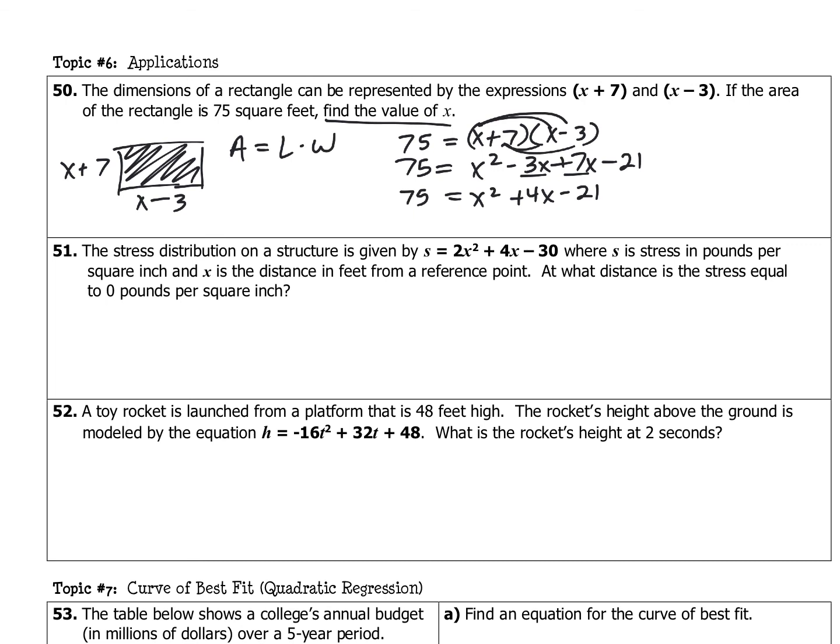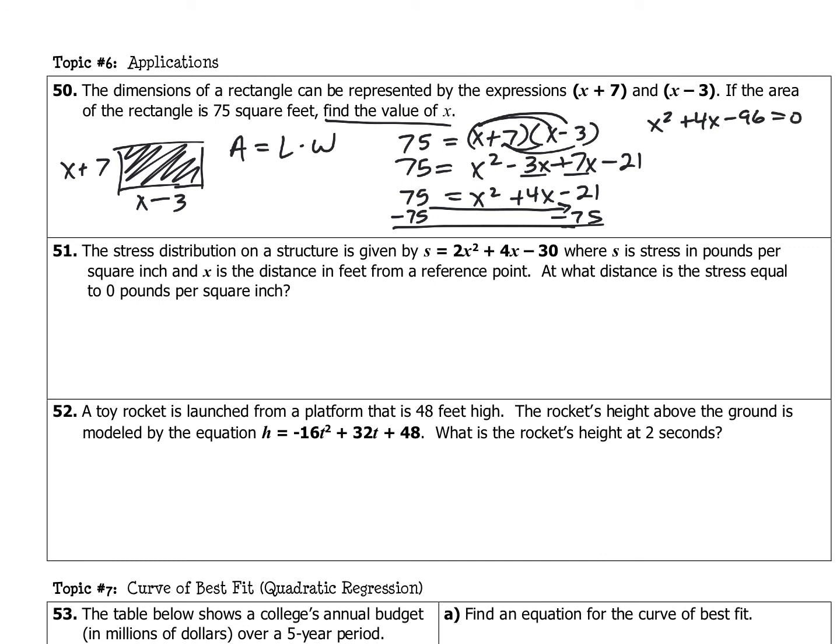And now I need to bring this 75 over so that I have my equation set equal to 0 and I can factor it. Okay, so we need to subtract 75 from both sides. And I get x squared plus 4x minus 96 equals 0.